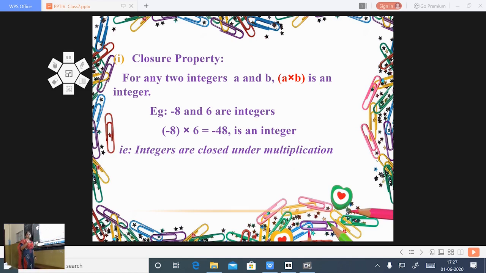Is minus 48 an integer? Yes, it is a negative integer. That is, integers are closed under multiplication. So in general, we can say that for any two integers a and b, a into b is an integer. So this is the closure property. Then second one, commutative property.